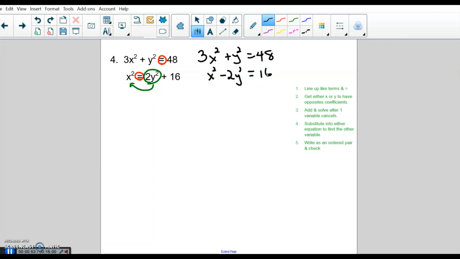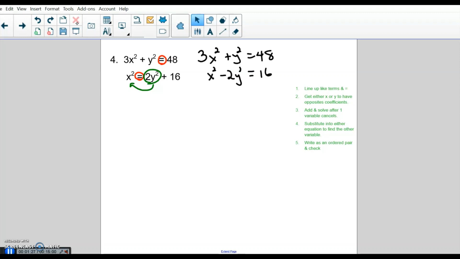All right, so we have the variables lined up now. The x squareds are lined up, the y squareds are lined up. So now we have to take a look at their coefficients. Neither set of these x squareds or y squareds have coefficients that will cancel each other out. So that tells us we have to multiply one of the two equations so that either a y squared or an x squared will cancel.